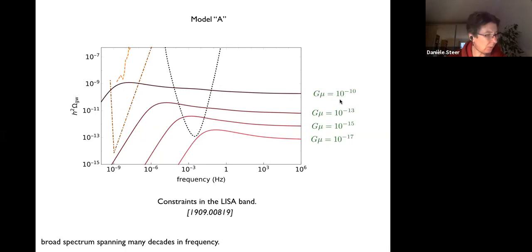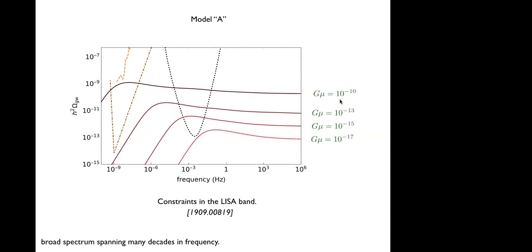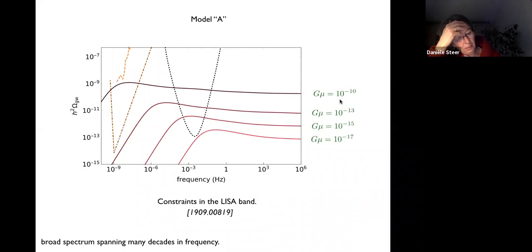G mu, as I already explained, is also constrained by CMB observations, because these strings have such a large energy density, though it looks small in these units, they give rise to temperature fluctuations in the CMB. And that constraint puts G mu to be less than about 10 to the minus 7. And I would suspect that's already much lower than any astrophysical background, is my impression. But I would need to think about it.